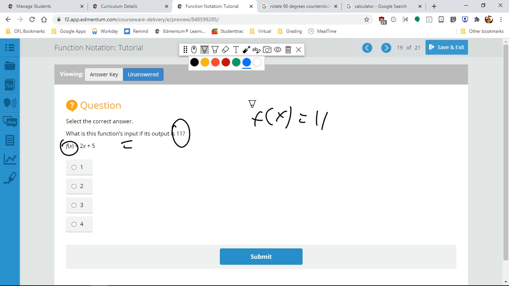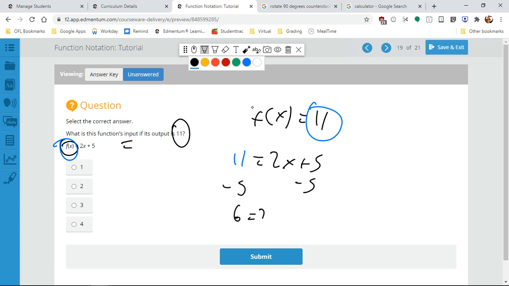So if f of x equals 11, we substitute: 11 equals 2x plus 5. If we subtract the 5 from both sides, we get 6 equals 2x. If we divide by 2, x equals 3.